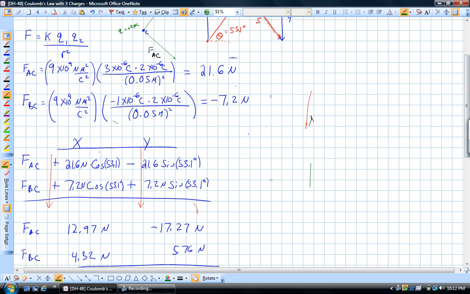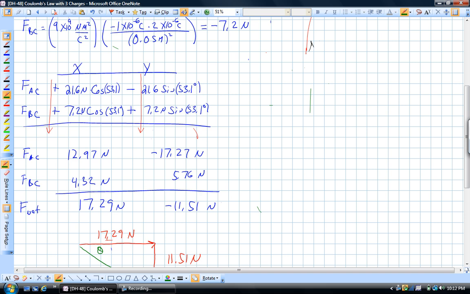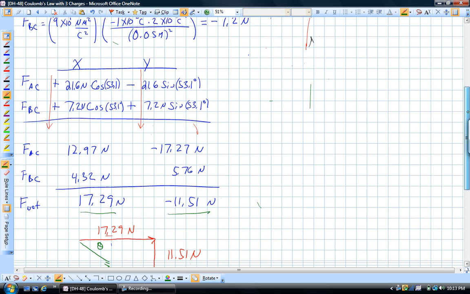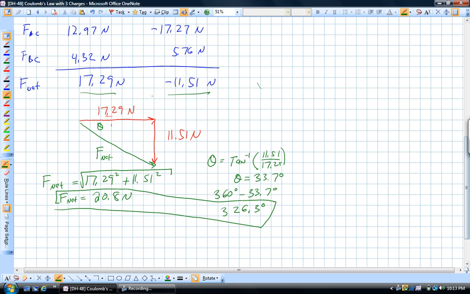Step number 3 is to set up a table, X and Y components, forces, and get the X component and the Y component of each. Next, you would add those up to get the X component and the Y component of the resultant, the net force. And then finally, from those components, you would get the direction and the magnitude using Pythagorean theorem and the inverse tangent.